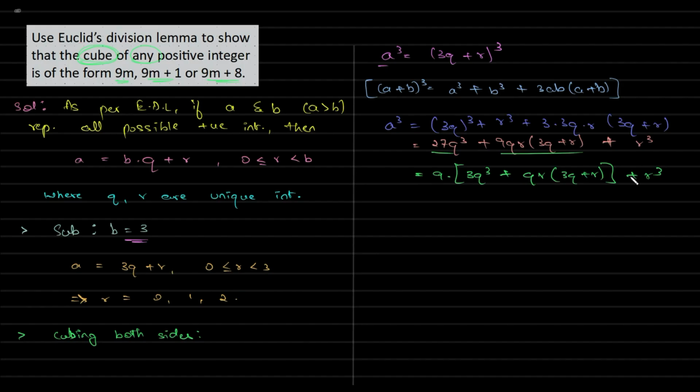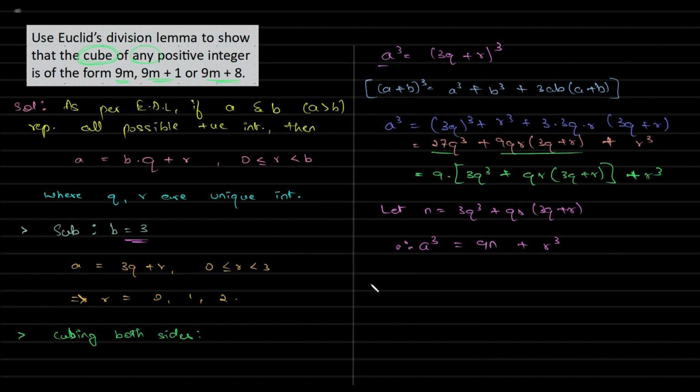So this entire thing I'll call it as, let n be equal to 3q cube plus qr into 3q plus r. Therefore we have a cube is equal to 9n plus r cube. That's your pattern, right? It's similar to what we want. See, it became so easy now.